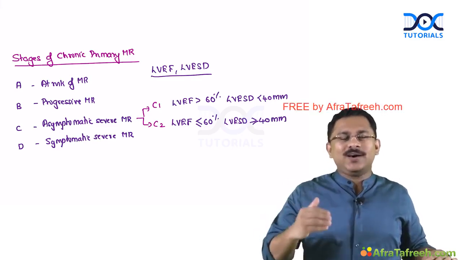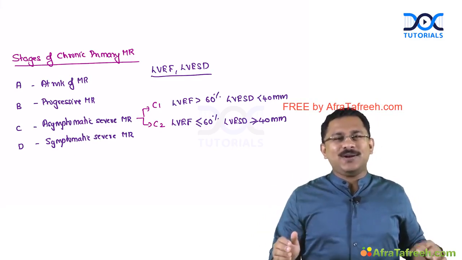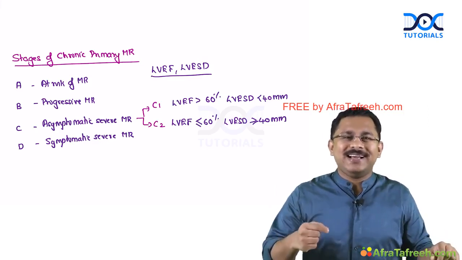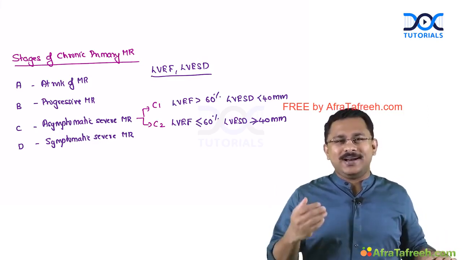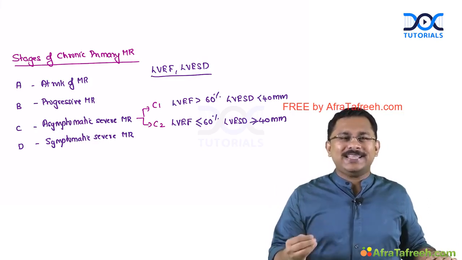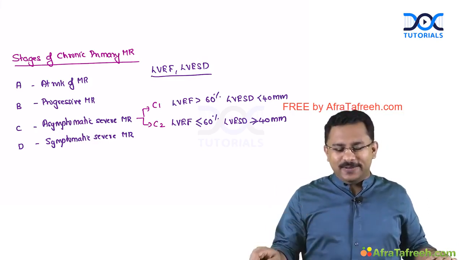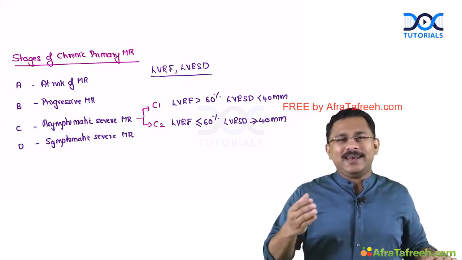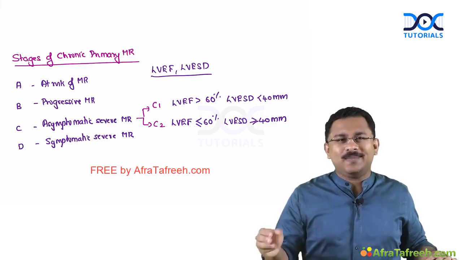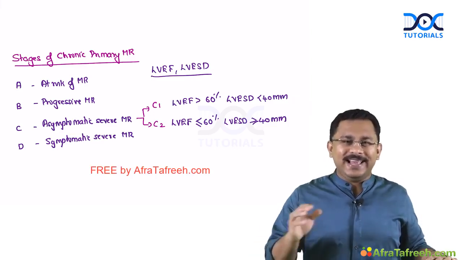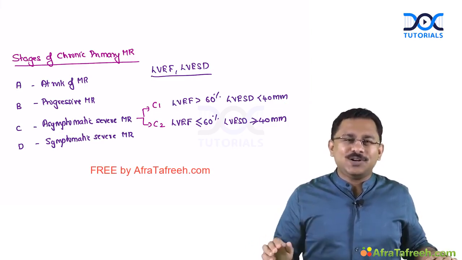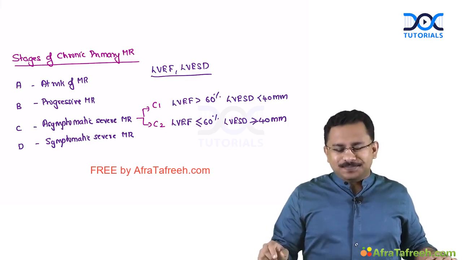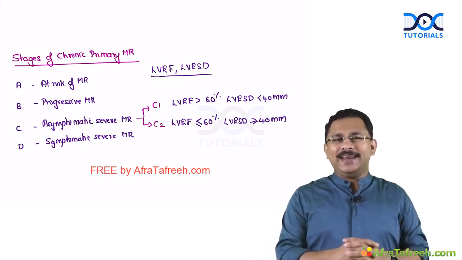As I told you earlier, when transthoracic echocardiography provides insufficient or discordant information, you will go for a transesophageal echocardiography to understand the severity of MR, the mechanism of MR, and the status of LV function. And when there is a discrepancy between clinical assessment and echocardiography, you might even go for cardiac MRI, where you will get an idea regarding the LV and RV volumes and function, and also the severity of MR.